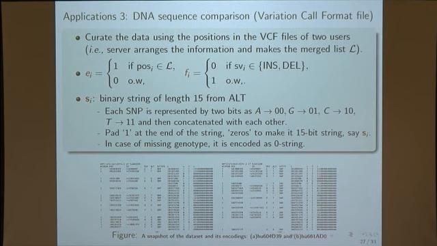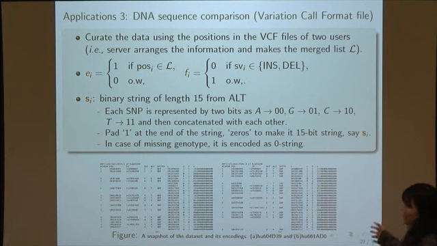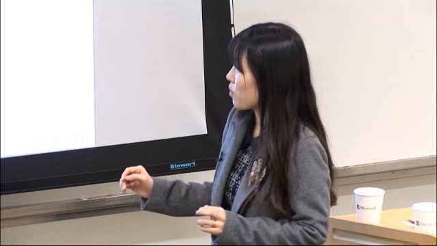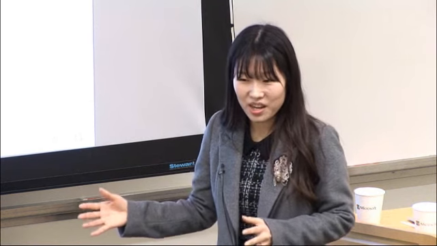Can I make a comment? So this length 15, that actually came from the data, right? That was because there could have been up to 15 entries. Yeah. Because in the file, some genotypes have length 170, but it's too large to compute over encrypted data, so we just cut.